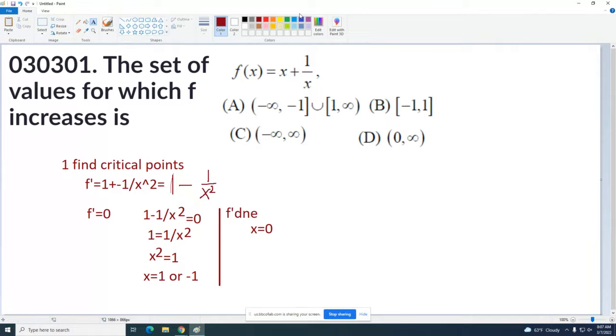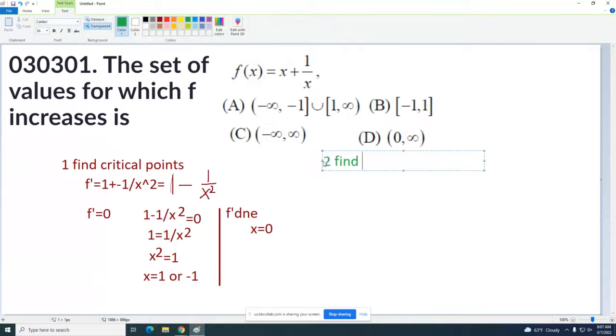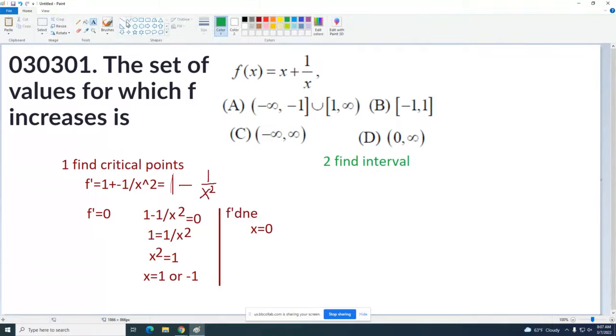So that's step 1. And let's look at step 2. For step 2, we want to find the intervals. We're using what we created in step 1 to set up the intervals. Now, to find the intervals, we draw the number line. On the number line, we will label the points that we found in step 1.